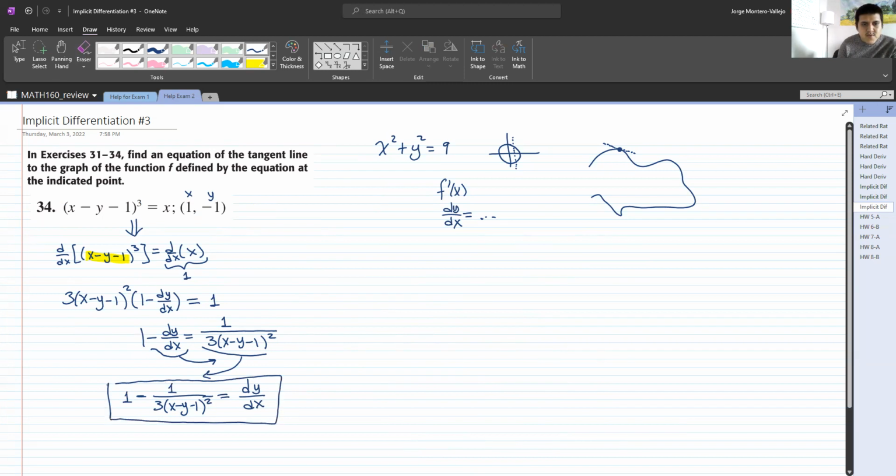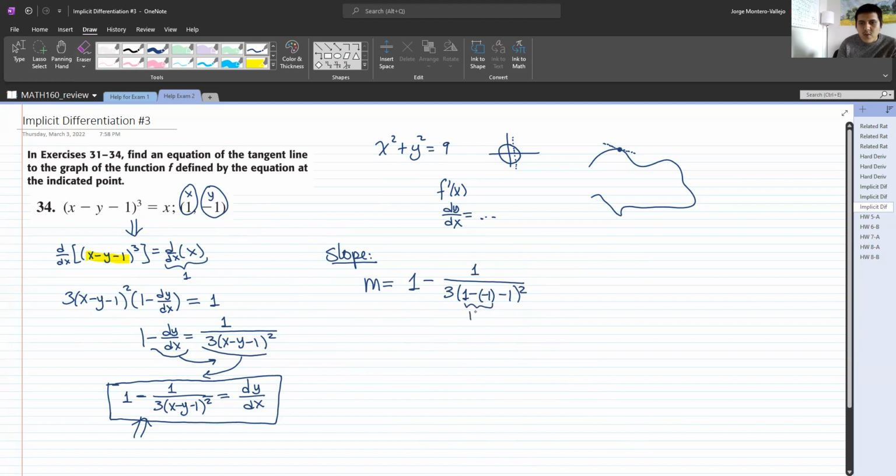I'm going to use this to find the slope. And for that, as I said before, I need to plug in 1 for x and -1 for y into here. So I get 1 minus 1 divided by, and what I get 3 times, and then 1 minus y is -1, so -1 there, careful with the signs, and then -1 squared.